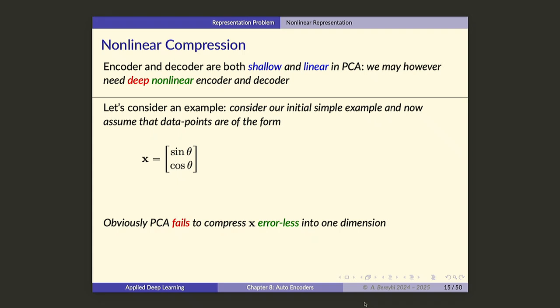Theta is a lower-dimensional representation of this vector x, correct? So if I know theta, then I'm going to make a vector whose first entry is sine of that theta, the second entry is cosine of that theta, right? So the point here is that I can represent this particular sample, or this kind of data, with one single latent variable.